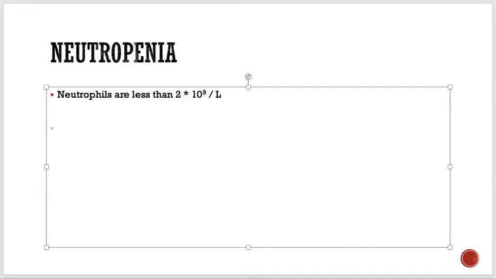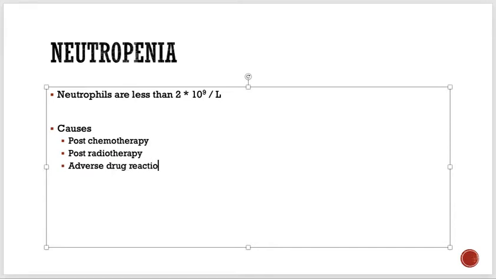Again, there are many causes of neutropenia, but the most important are people who are getting chemotherapy for some cancers, or people who are getting radiotherapy for any condition. Sometimes it could be an adverse drug reaction, the side effect of certain drugs. For example, clozapine is one of them, and many other drugs as well.